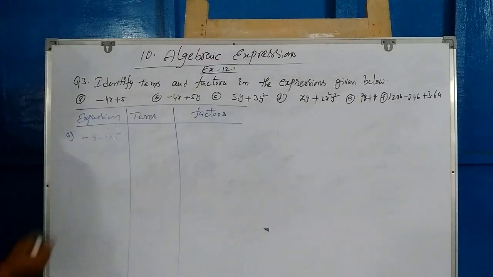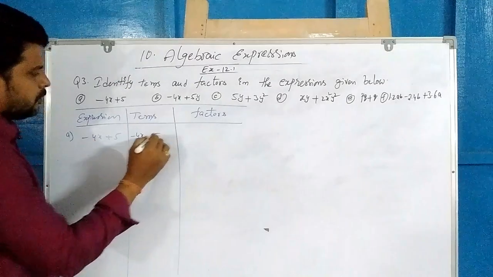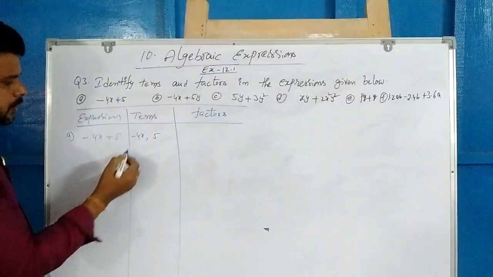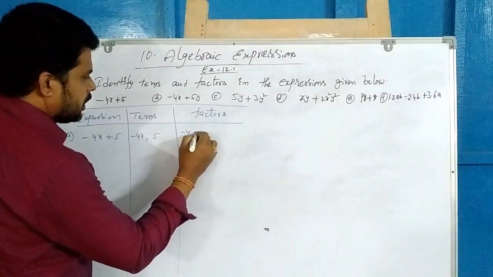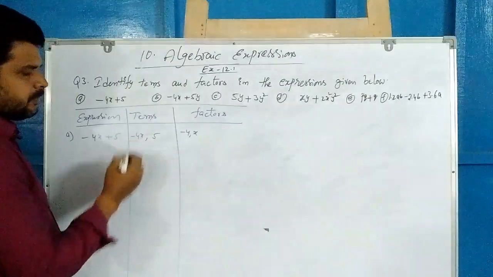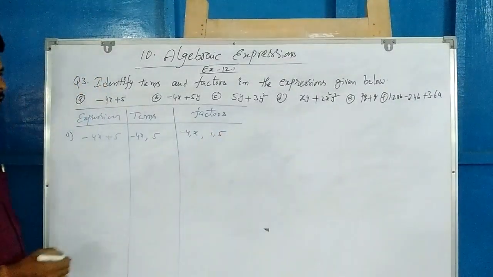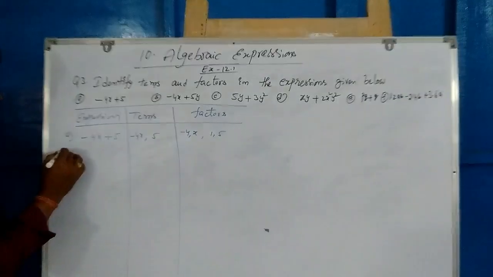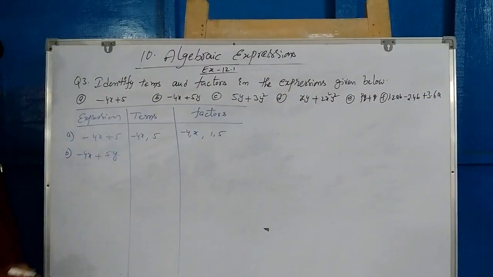How many terms do we have? Minus 4x and 5, 2 terms. What are the factors of minus 4x? Minus 4, comma, x. What are the factors of 5? 1, comma, 5.